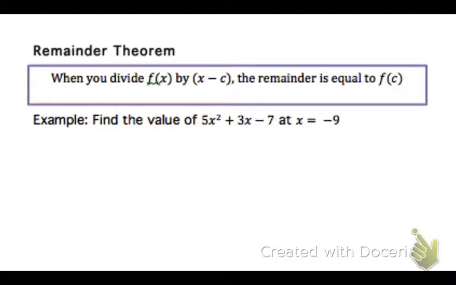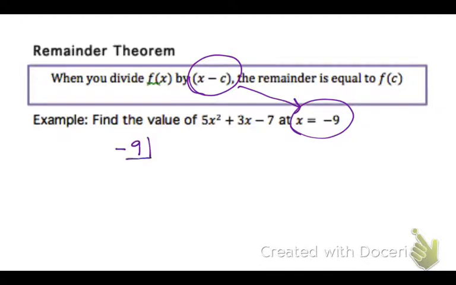For synthetic division, we take this term x minus c and we turn it into something that would be x equals, and in this case, x equals negative 9, so that we want to evaluate that function at negative 9. Then you put your coefficients for each term in this row here.